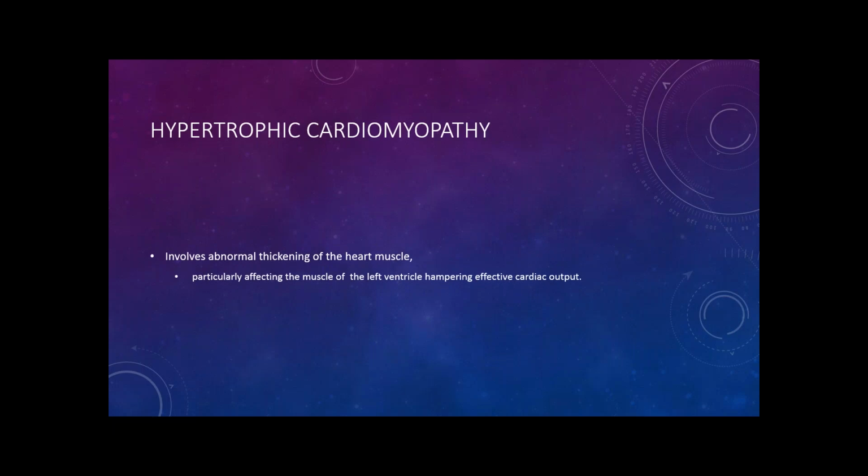Hypertrophic cardiomyopathy is actually the thickening of the heart muscle. I like to compare this one to people who do workouts, like Arnold Schwarzenegger. They have the large muscle buildup from doing weightlifting and that sort of thing.